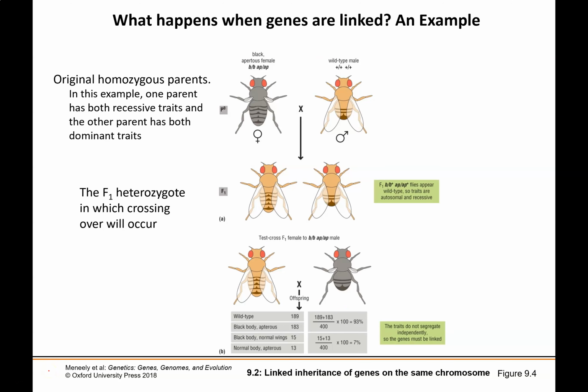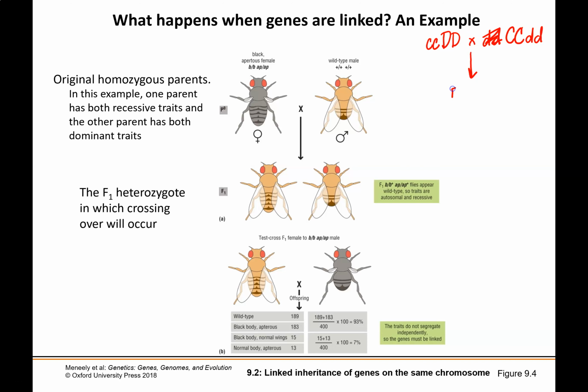So what happens when they are linked? So we're going to do the same type of cross. Before I move into the picture, I just want to draw what we're doing. I'm going to use C and D here. So we are going to cross little c, big D, with big C, little d.